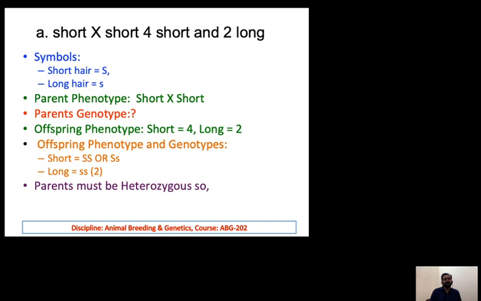Why? Because if any one of them is completely dominant, then we will get only the dominant phenotype in the offspring. So as we are getting long hair with the short hair phenotype, that means the parents must be heterozygous. So this is the parent genotype, that is the capital S and small s.